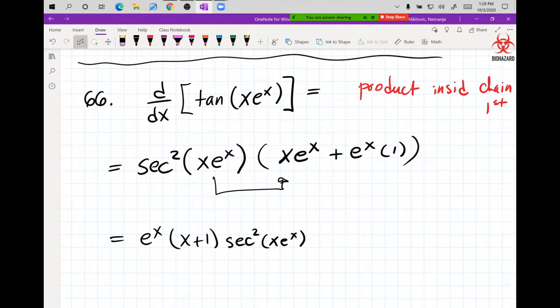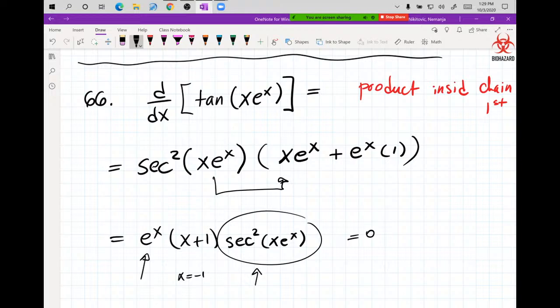And now you can set this equal to 0 for chapter 4 when it's simplified like this. Get no solution over here, get x equals -1, and then also no solution over here. So the whole thing is -1, then you have your critical point, then you can look for min max and do the rest of chapter 4.